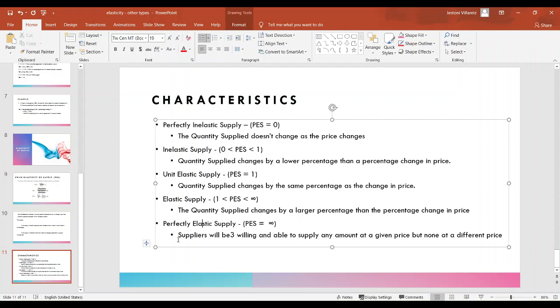And if your PES is equal to infinity, which is again theoretical, suppliers will be able to increase their supply drastically if there's even a slight change in price. If you graph this one, it shows a horizontal line in your supply curve.